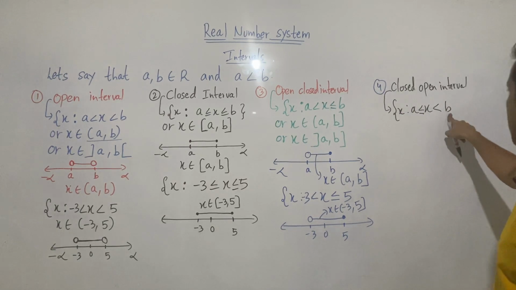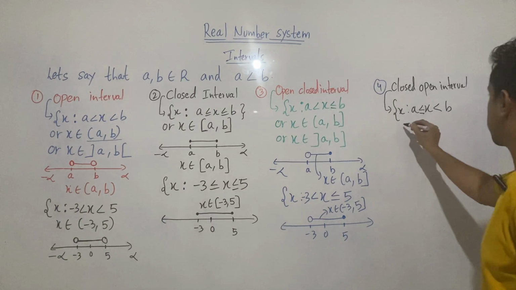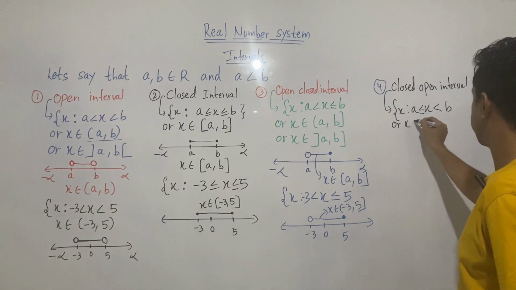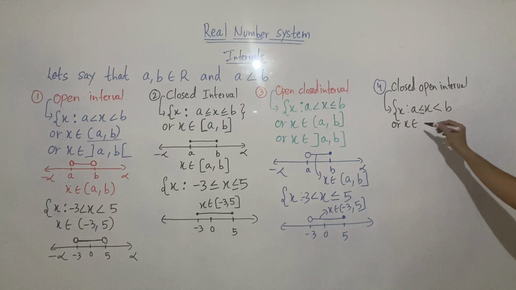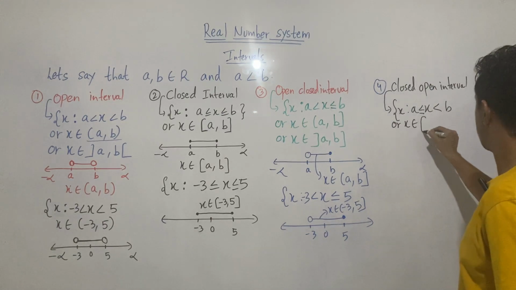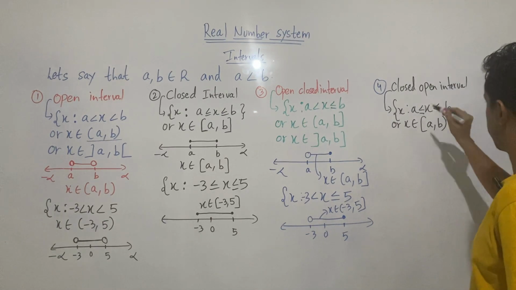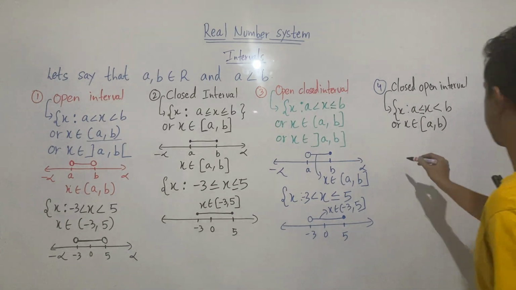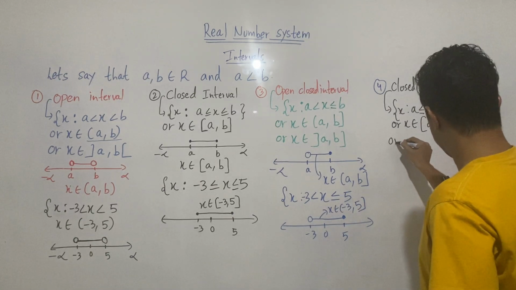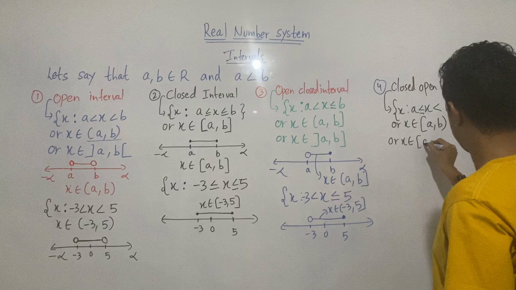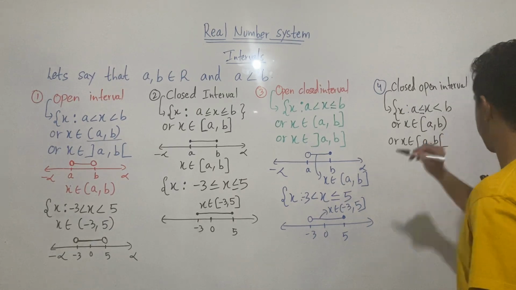This is open, so I cannot include this, and the other way to represent it is as x belongs to [A, B), or it can also be represented as x belongs to [A, B[, this bracket, right?